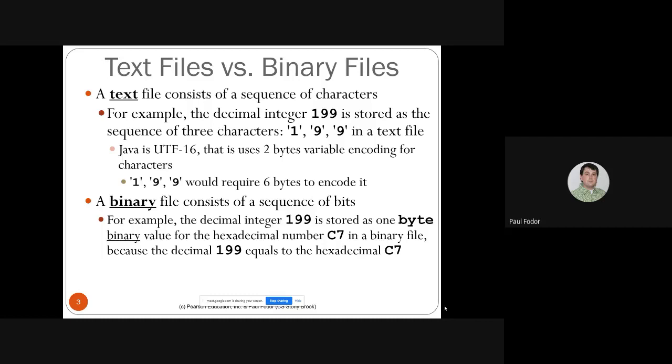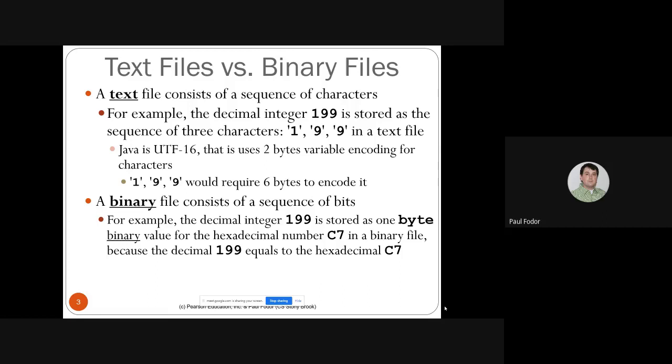Java uses UTF-16. So when it saves a file, like a source code file, it saves it with the UTF-16 encoding, which uses a 2-byte variable encoding for characters.